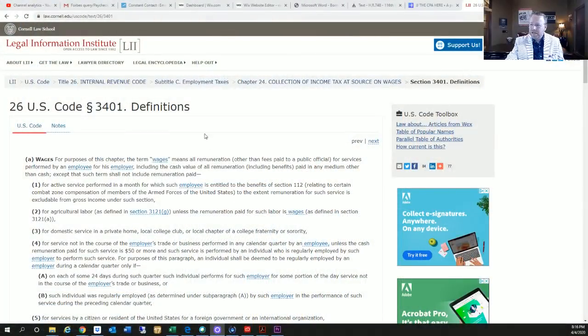Chapter 22, it's tackling the railroad. Let's see. Okay, so that was chapters 26, collection. This is defining in chapter 24 what wages you have to withhold taxes against.